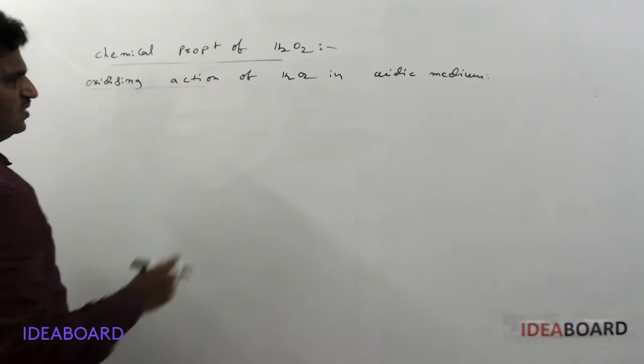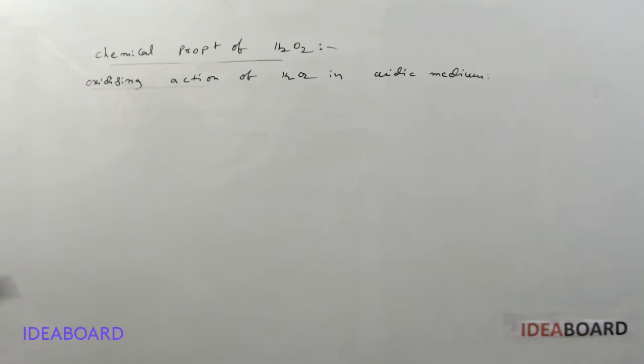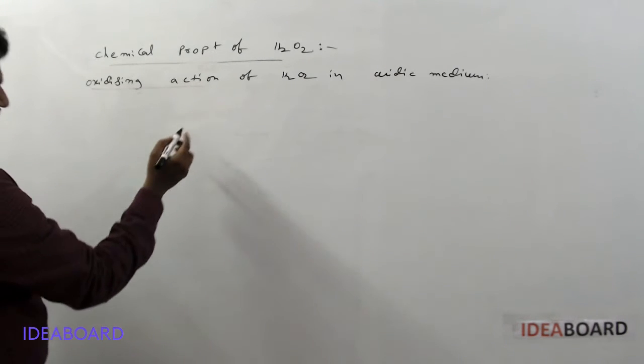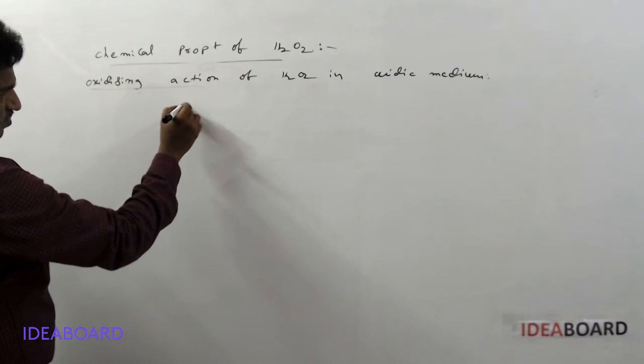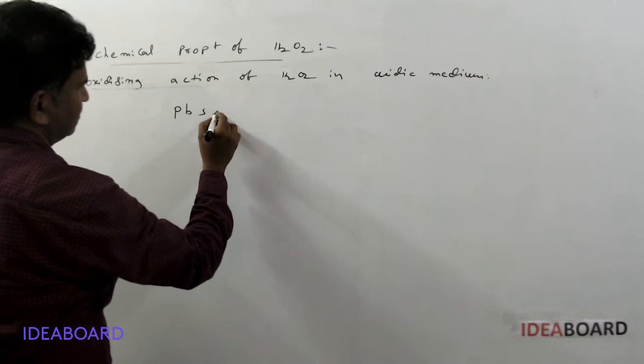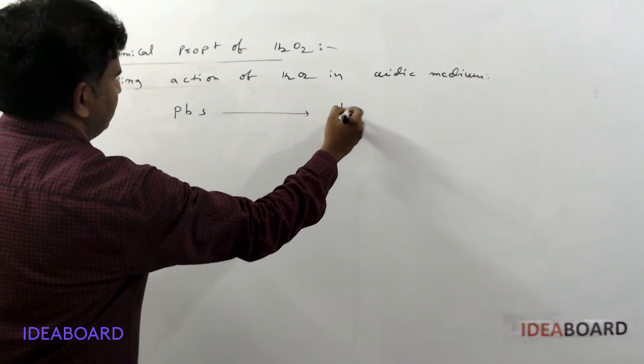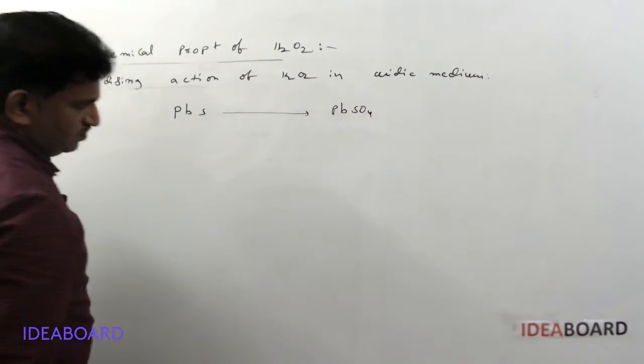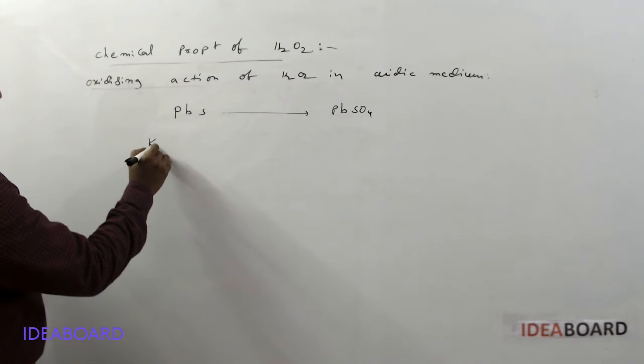Oxidizing action means always H2O2 converts to H2O and nascent oxygen. Here please remember, simply PbS is converted to PbSO4.